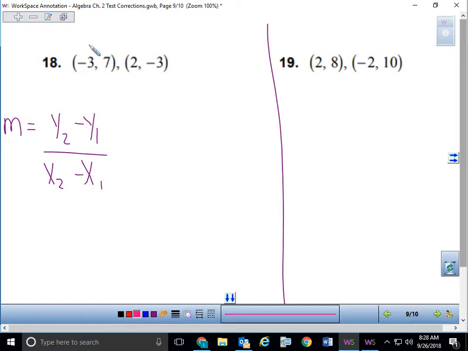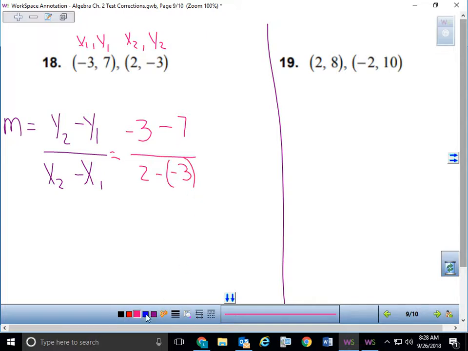Doesn't matter which one you label. So I have x1 comma y1, x2 comma y2. I'm just going to plug it in. y2 is negative 3 minus y1 is 7 over x2 is 2 minus x1 is negative 3.